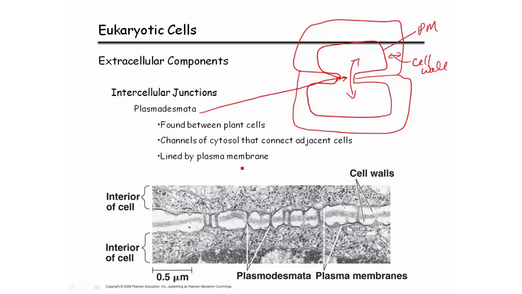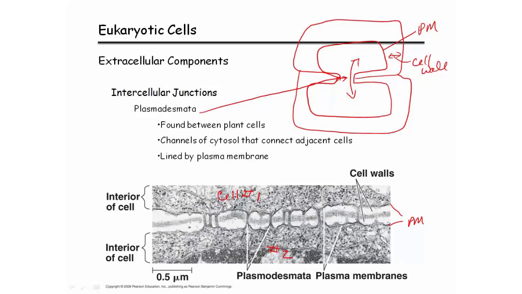If you look at this electron microscope picture, you can get an idea of how tiny the plasmodesmata are. So this would be cell number 1, up here on the top, and this would be number 2 down here on the bottom. And this area is your plasma membrane. So notice the plasma membrane is going to be quite tiny, and the white that we see here would be the cell walls. Notice how many plasmodesmata there are.